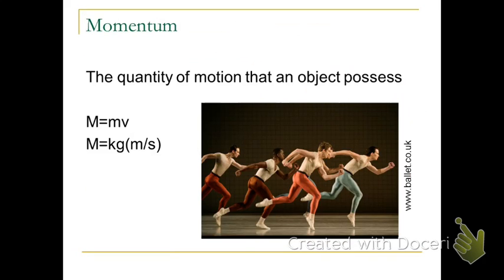And then momentum, which we've talked about before, is defined as the quantity of motion. It can be calculated by assessing mass and velocity. And so momentum is how much quantity of motion there is.